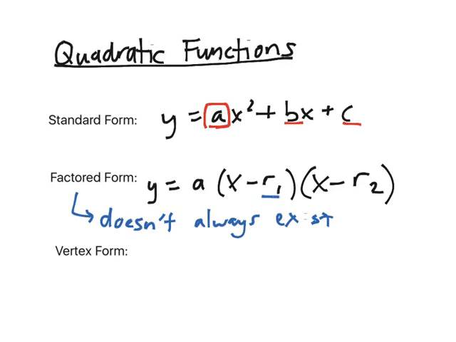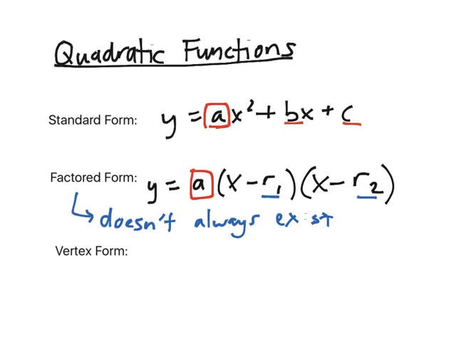That's what these r's are right here. R1 and R2 are your roots, and they would have constants here only if the parabola intersects the x-axis twice. Again, this a is the same a as the standard form. So if a is positive, the parabola will open up. If a is negative, it'll open down.